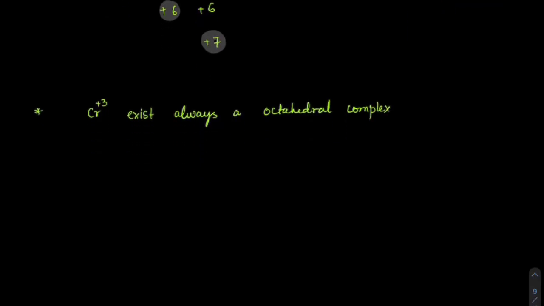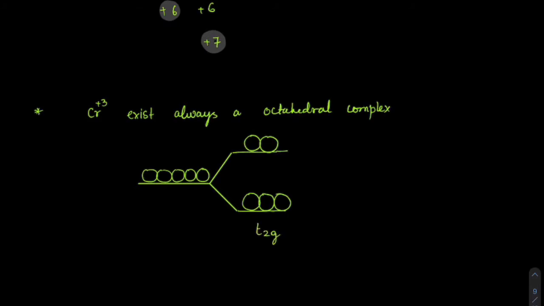If it is an octahedral complex, which means if this is the d orbital and it has 5 degenerate orbitals, then as the ligands approach there would be splitting of orbitals here, right? We learned that already, and it will split into two sets of new orbitals. One is called t2g and the other one is eg.